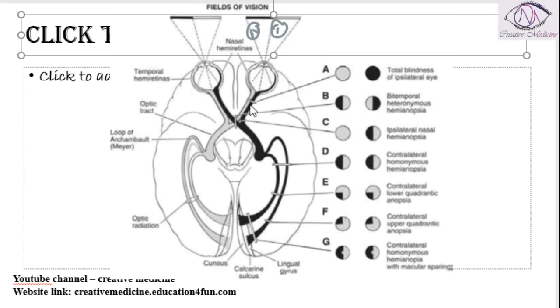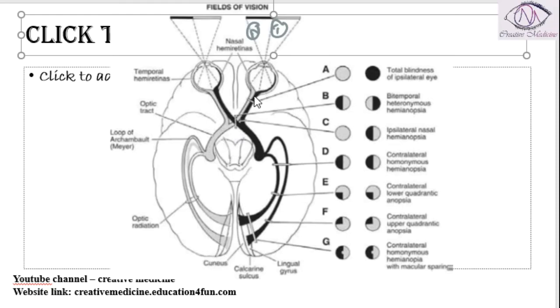Now this is the optic nerve, this crossing is called the optic chiasma, and this tract is the optic tract. The optic tract contains the temporal part of the optic nerve ipsilaterally and the nasal part contralaterally, and then this optic tract will go to the lateral geniculate body and from there to the optic radiation.